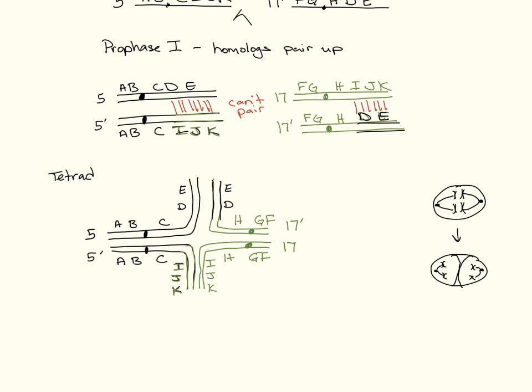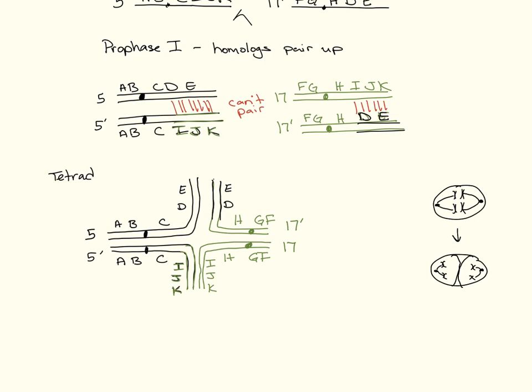So during anaphase, your spindle poles are going to attach to the centromere and pull each homologous chromosome to one pole, one side of the cell, so that it can undergo cytokinesis and form two daughter cells.